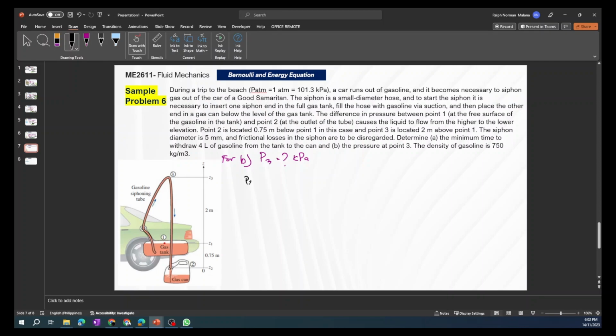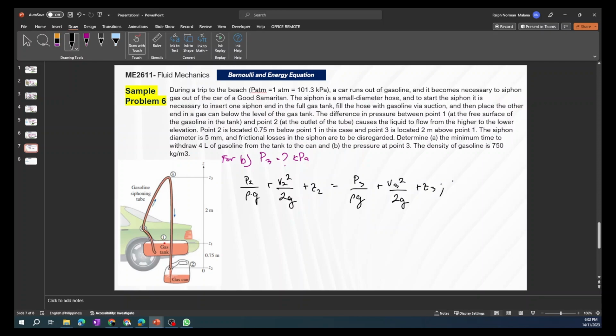So we have our equation just like so: P2 over rho g plus V2 squared over 2g plus Z2 equals P3 over rho g plus V3 squared over 2g plus Z3.